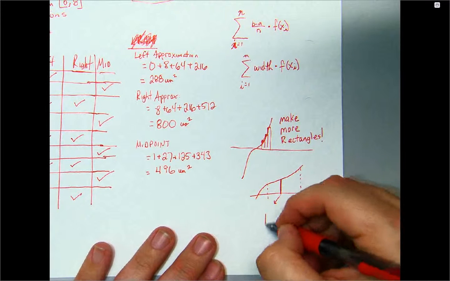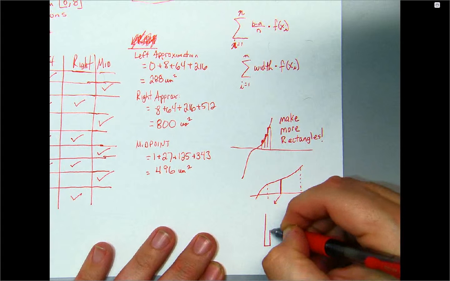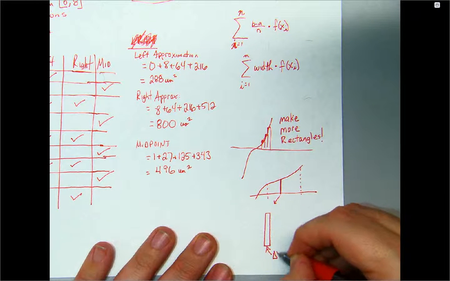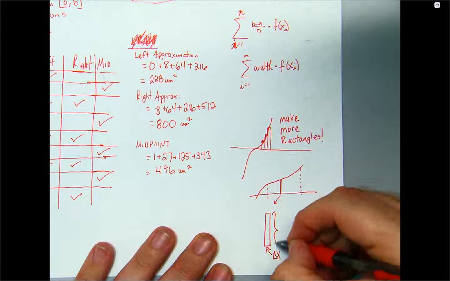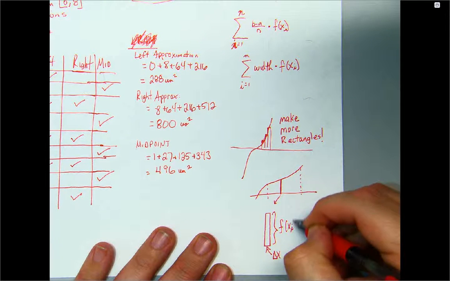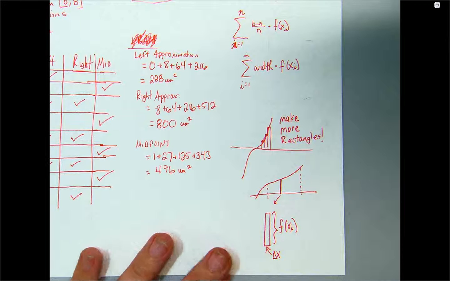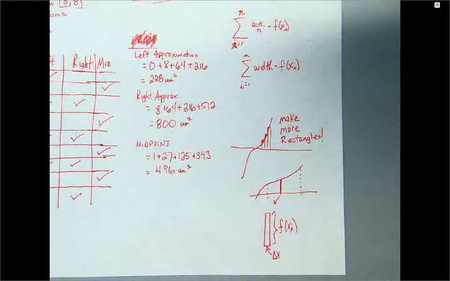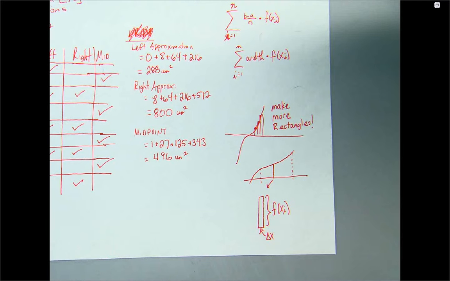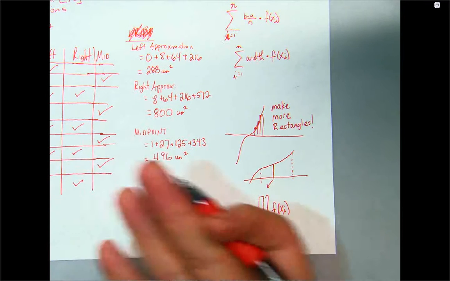Where this is delta x, and this is f of x sub i. And if I can put as many rectangles into this as I possibly can, all of a sudden I have my area.